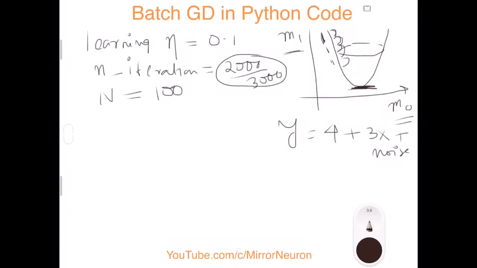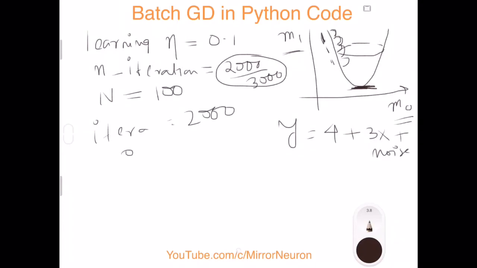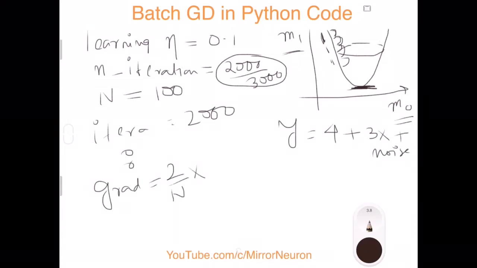So what will happen is I will iterate 2000 times, and for each iteration I first calculate the gradient, and we have already seen the formula of gradient, 2 over n times X transpose dot (Xm minus y).